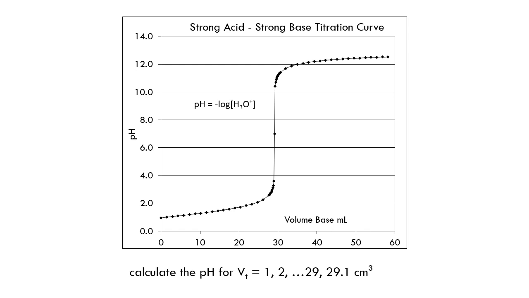Now, if we know the concentrations of our acid and base and we are constructing a titration curve, we would do a similar thing. We would calculate the expected pH values at different volumes to help us see the titration curve. So you'll see all of these dots here represent different volumes at which a pH has been determined.